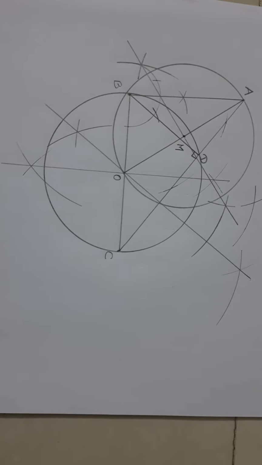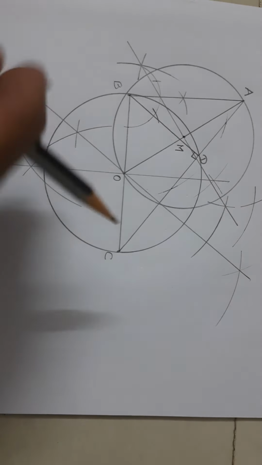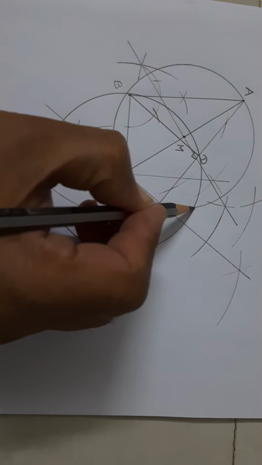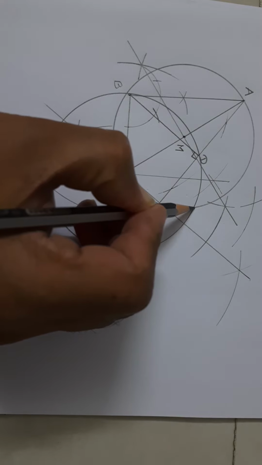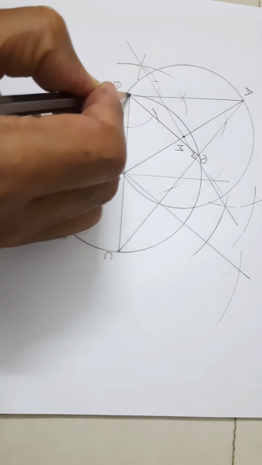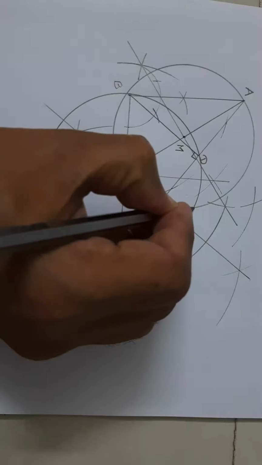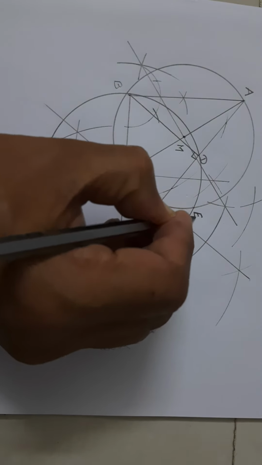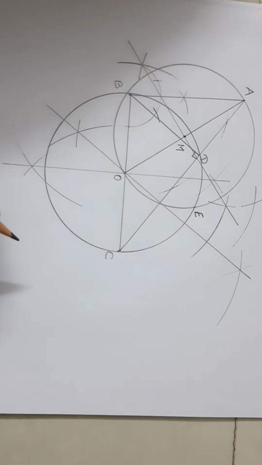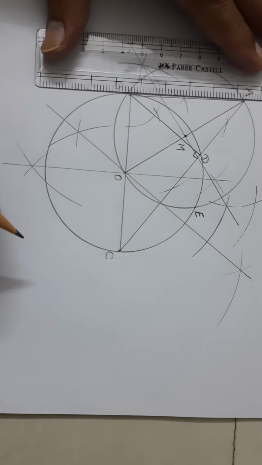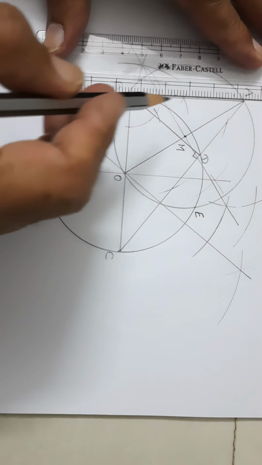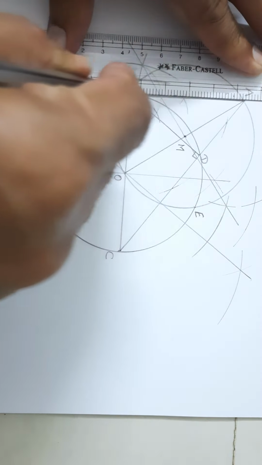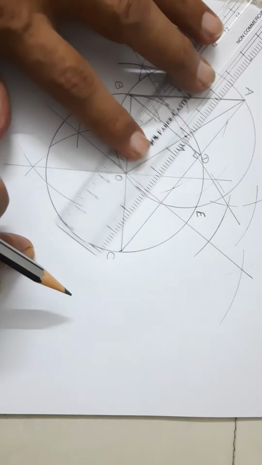So you can see this is one point, this is one point, this is another point. This point I call E. So one tangent already turns out to be AB. AB is one tangent.